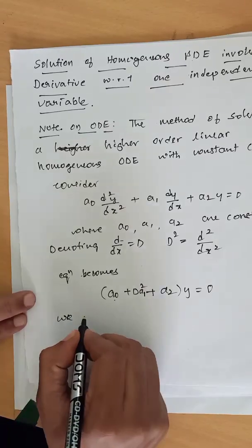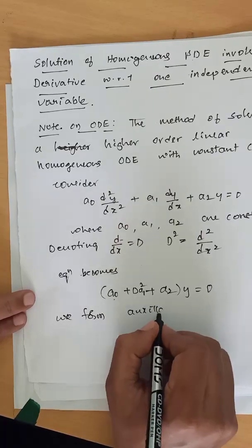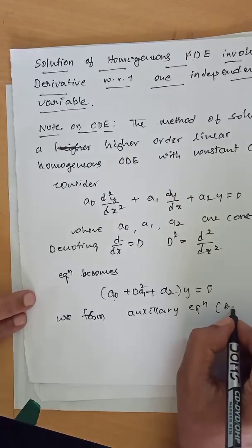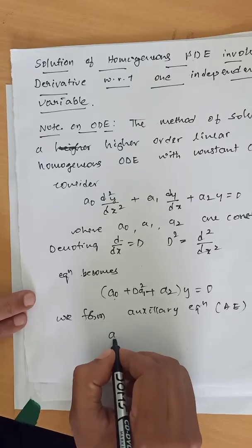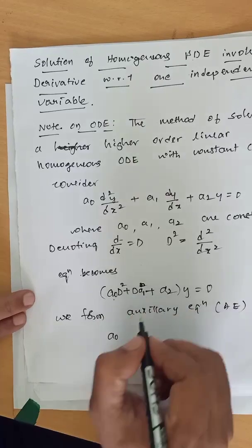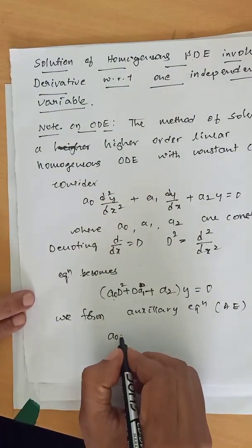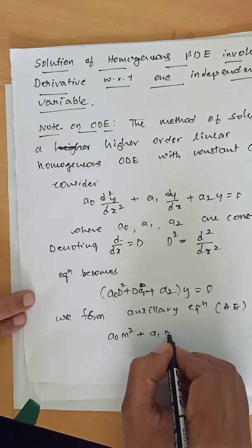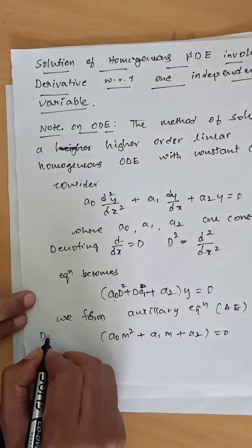We form the auxiliary equation, which means we replace D by m: a0 m square plus a1 m plus a2 is equal to 0.